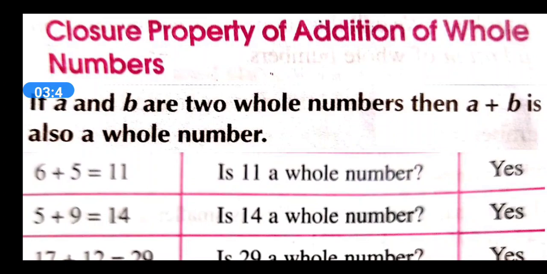When we add any two whole numbers, say 6 and 5, we get 11. Now tell me, is 11 a whole number? Yes, it is a whole number. So we can say that sum of any two whole numbers is a whole number.